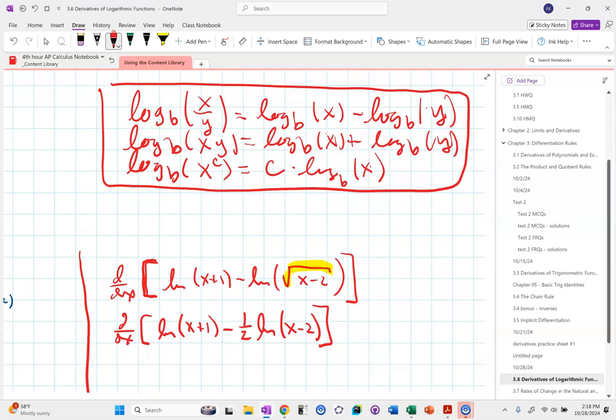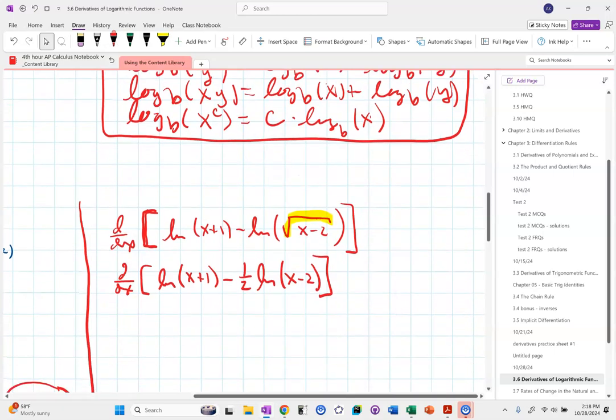So far, so good? Okay. Now I'm going to go ahead and do the derivative of each of these separately. What's the derivative of the natural log of x plus 1? 1 over x plus 1 times the derivative of x plus 1. Great. What's the derivative of the natural log of x minus 2?